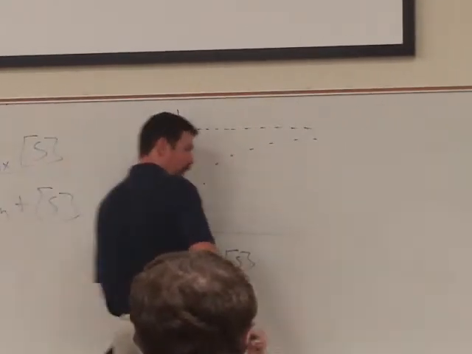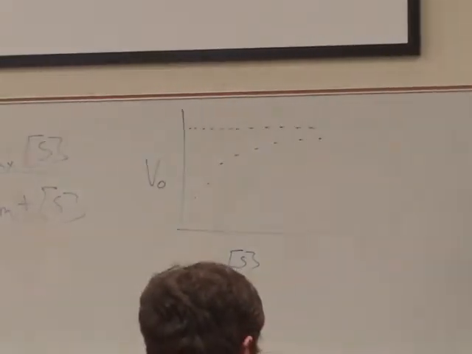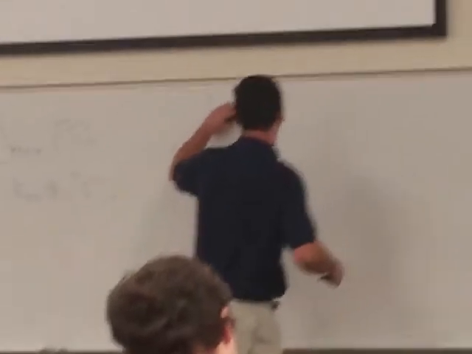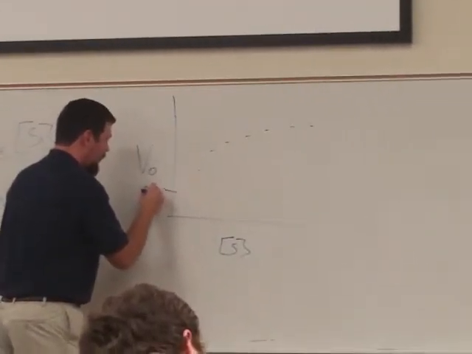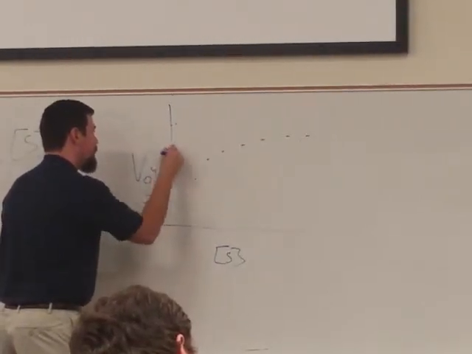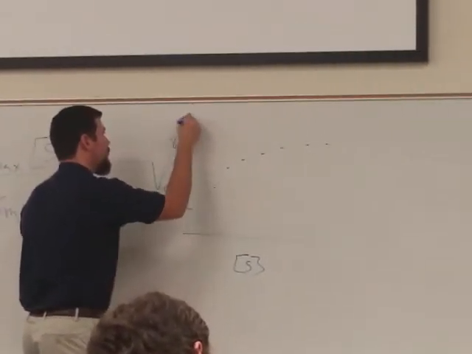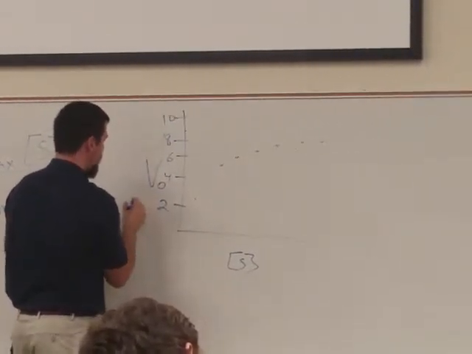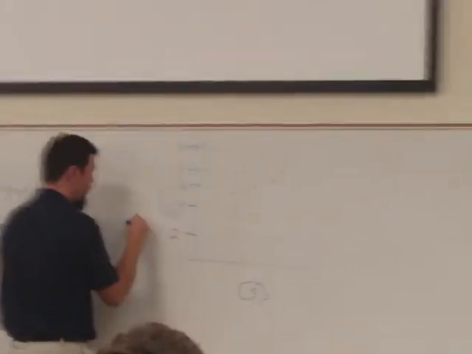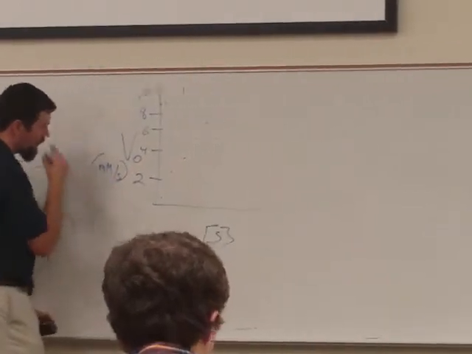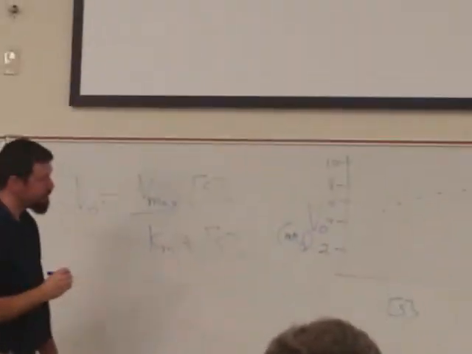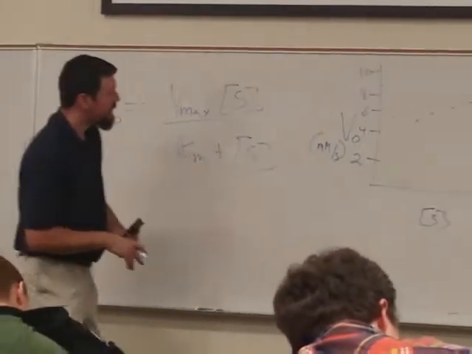Okay, so let me draw in with my other marker so we can see that, so we don't get confused. Let's just draw in some numbers. This will be 2, 4, 6, 8, 10. And the velocity will be given in terms of millimolar per second. And so we can just inspect this.